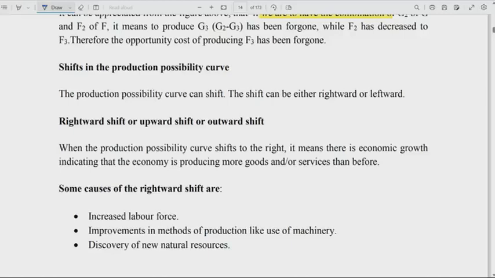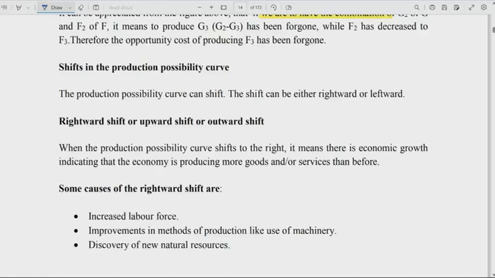Another cause of the shift is improvement in the method of production, like use of machinery. So you have started to use other methods of production. For example, you were doing it by hand. Now you're using machinery, right? Now you can produce more. If you were producing 10 a day, you can now produce 1,000 a day because machines can work faster, more precisely.